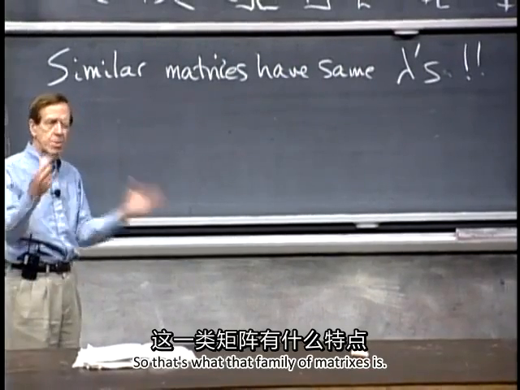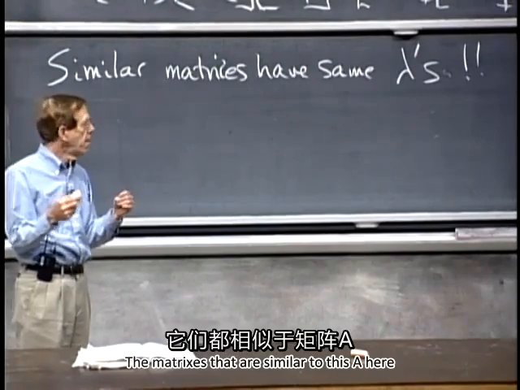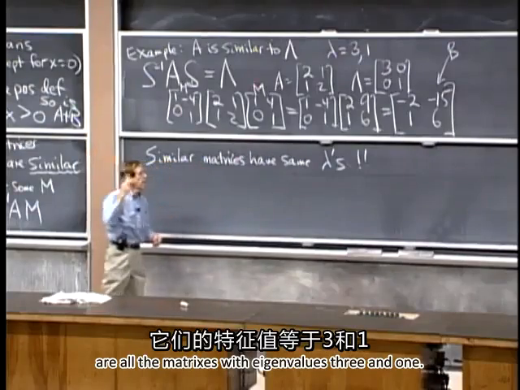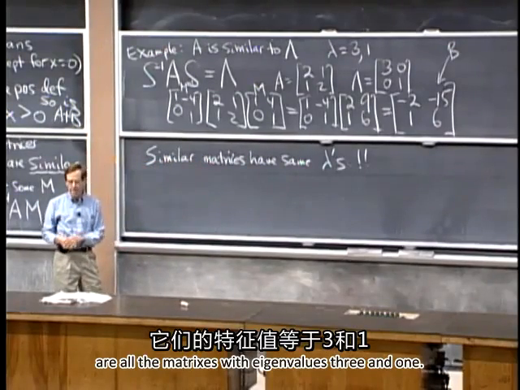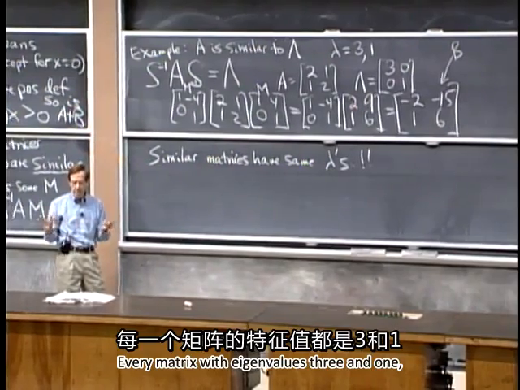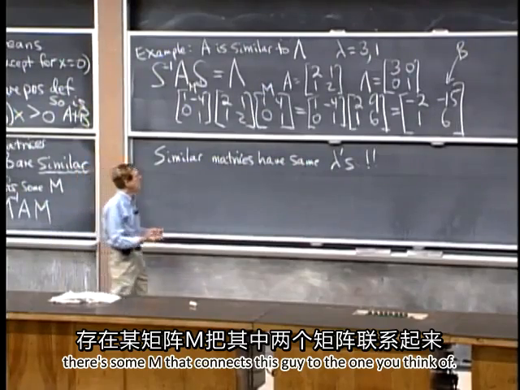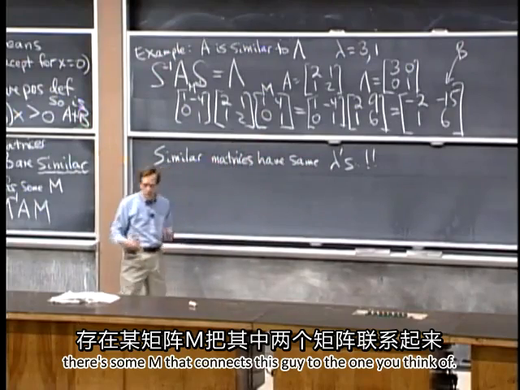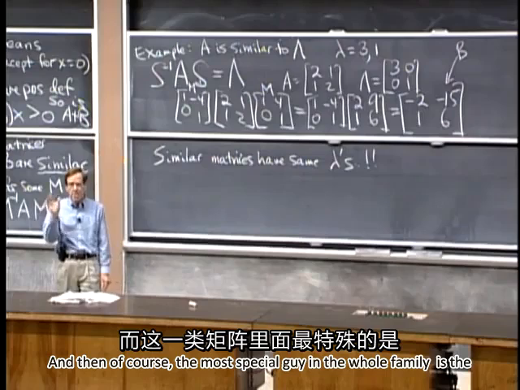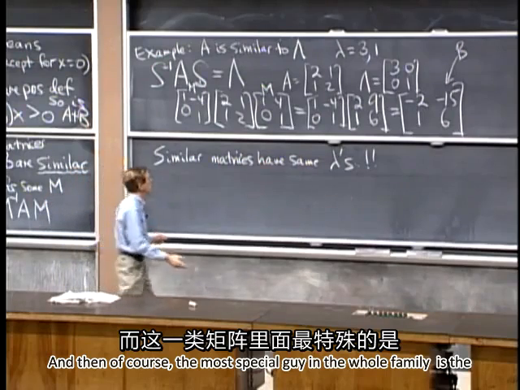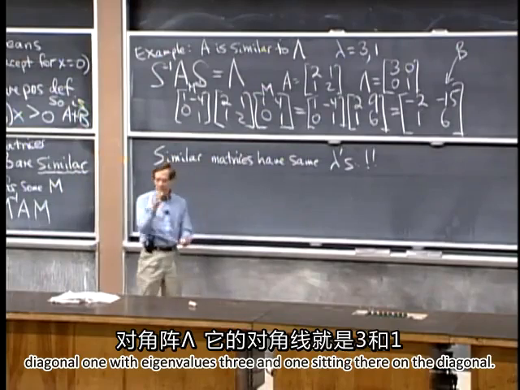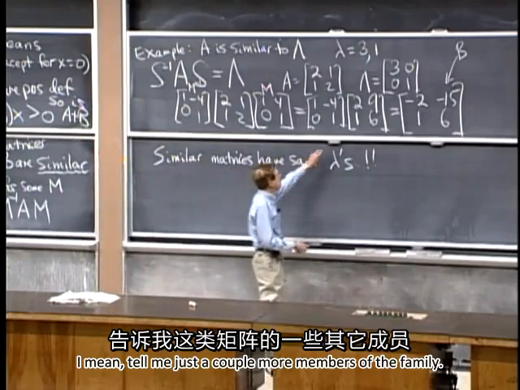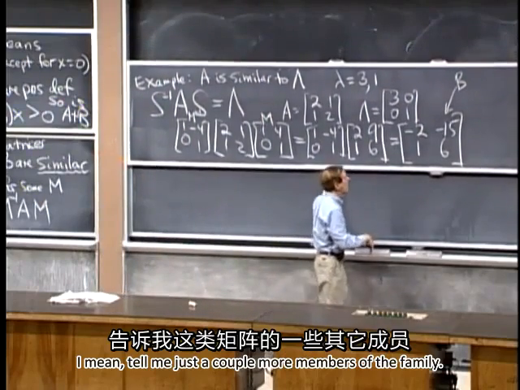Why is that? So that's what that family of matrices is. The matrices that are similar to this A here are all the matrices with eigenvalues 3 and 1. Every matrix with eigenvalues 3 and 1, there's some M that connects this guy to the one you think of. And then, of course, the most special guy in the whole family is the diagonal one with eigenvalues 3 and 1 sitting there on the diagonal. But tell me just a couple more members of the family.